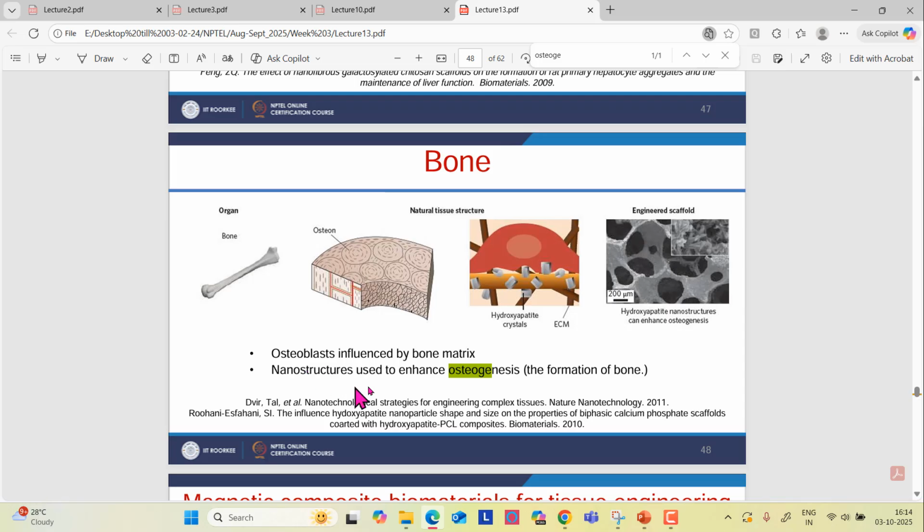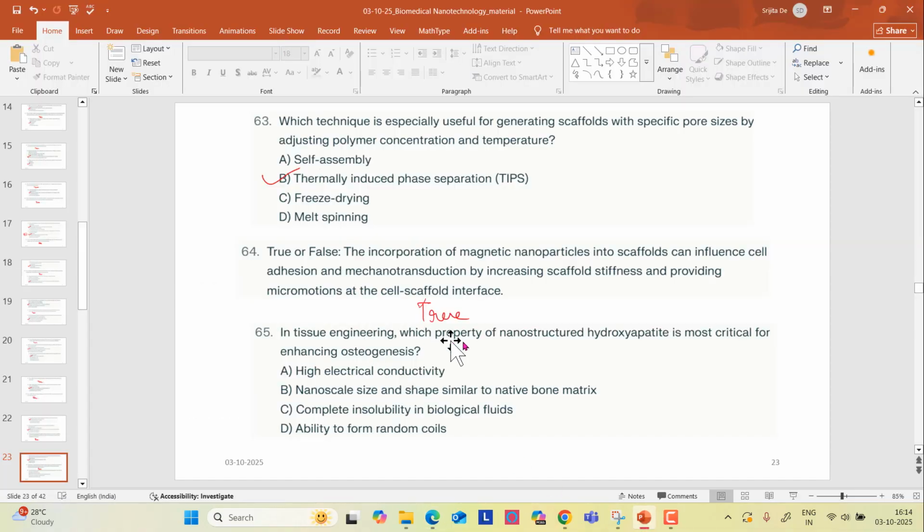Nanostructures are used to enhance osteogenesis, the formation of bone. So what is the question? In tissue engineering, which property of the nanostructure is most critical for enhancing osteogenesis? High electrical conductivity, nanoscale size and shape similar to native bone matrix, complete insolubility in biological fluids, ability to form random coils.